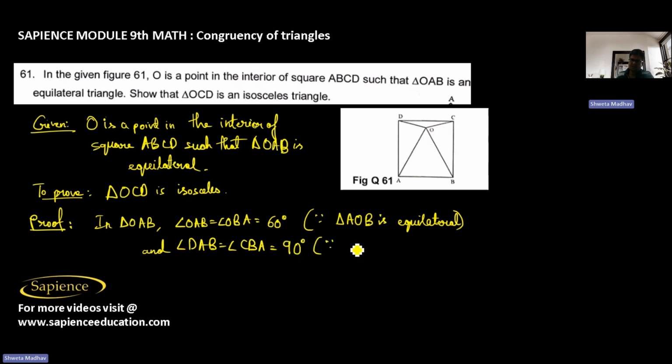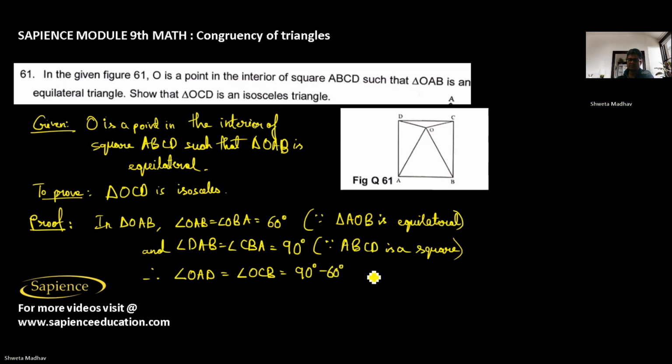Why? Since ABCD is a square, which is given, and each interior angle in a square is a right angle. So therefore we can say that angle OAD is equal to angle OBC, which is equal to 90 degrees minus 60 degrees. That will be equal to 30 degrees.